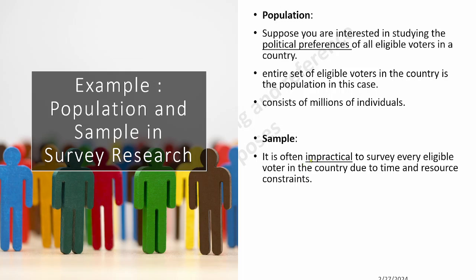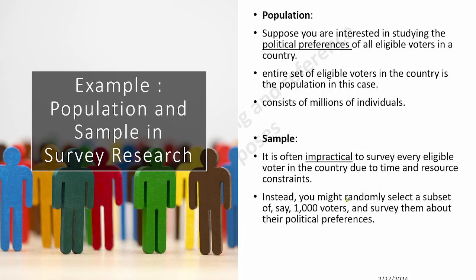The reason we do sampling is it is impractical to survey every eligible voter in the country due to time and resource constraints. So instead of the entire population, we just choose maybe a thousand voters and do the survey.